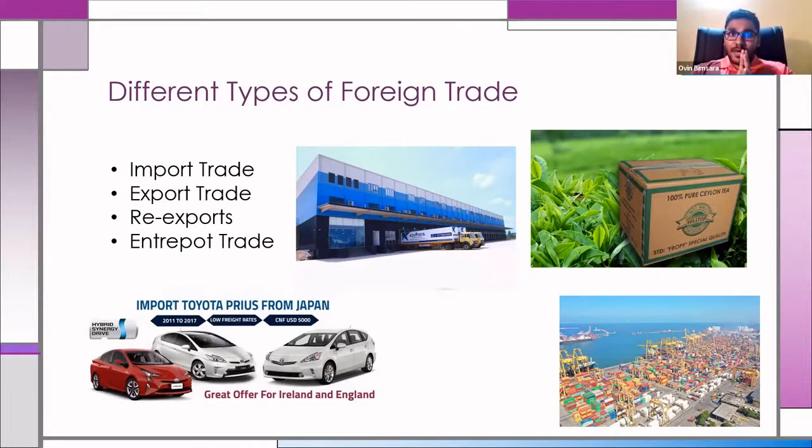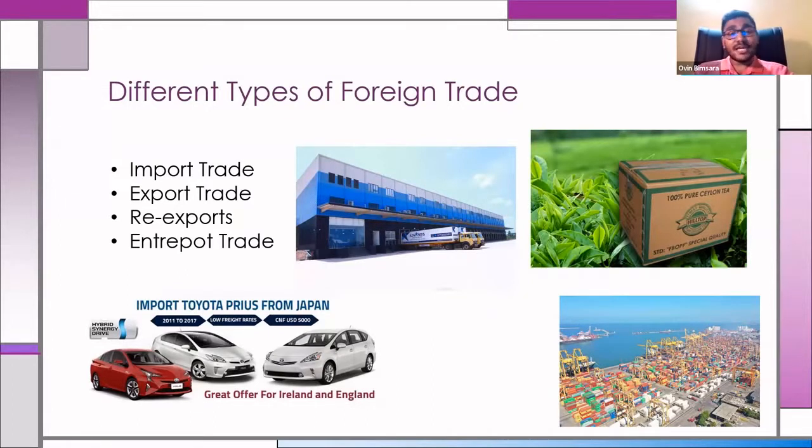So from Japan, you are exporting a motor vehicle to Sri Lanka and it is stored in this warehouse. This is a hypothetical example. This is not how it happens for real. This is just a hypothetical example to explain to you. So you are importing a vehicle to Sri Lanka and it is stored in the free zone warehouse. When it comes to a motor vehicle, you are not doing anything further to that. And you export it to India again. That you call as re-export.